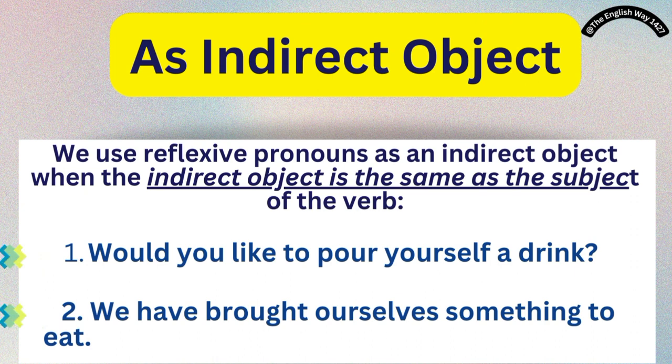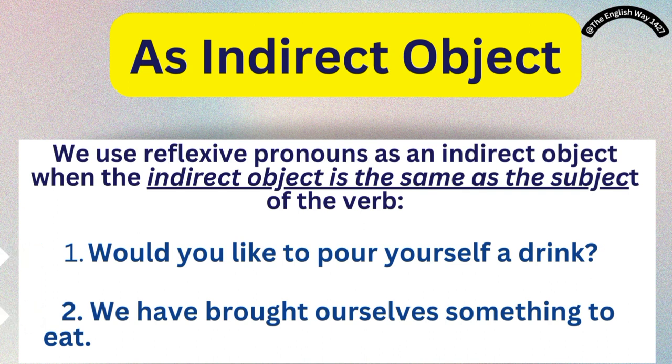Reflexive pronoun as indirect object. We use a reflexive pronoun as an indirect object when the indirect object is the same as the subject of the verb. We have two examples of indirect object. 1.